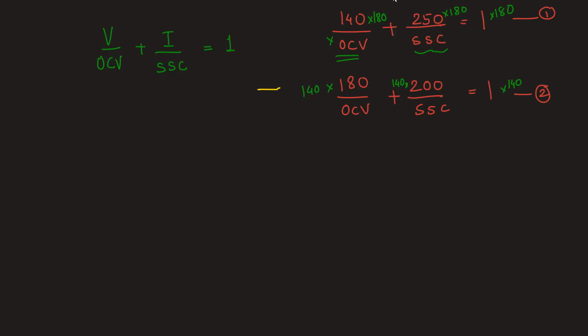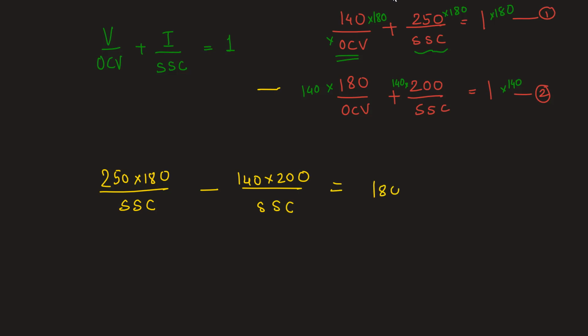Now for the next two terms, we can write 250 into 180 by short circuit current minus 140 into 200 by short circuit current is equal to 180 minus 140.